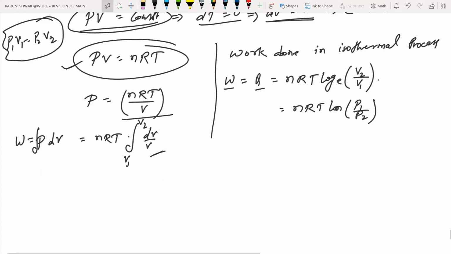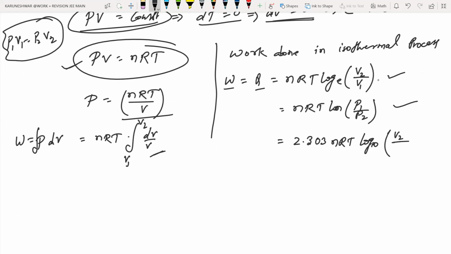When pressure or volume is given to you, you can use the relation for volume or pressure accordingly. And when the logarithm with base 10 is needed, you can write 2.303 nRT log base 10 of V2 by V1.